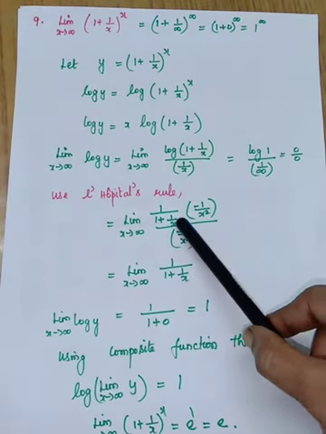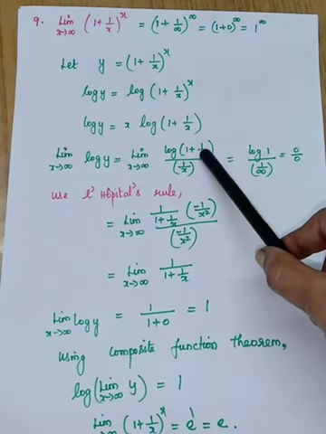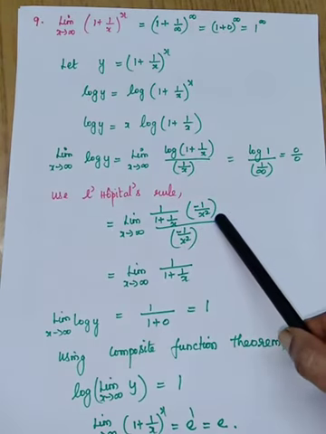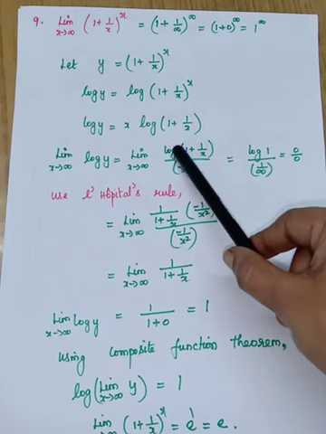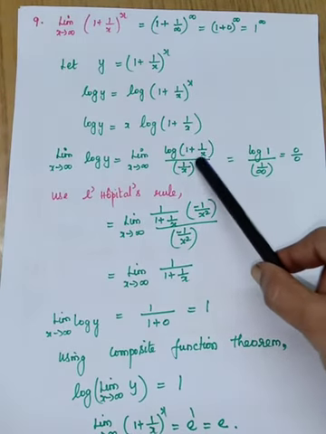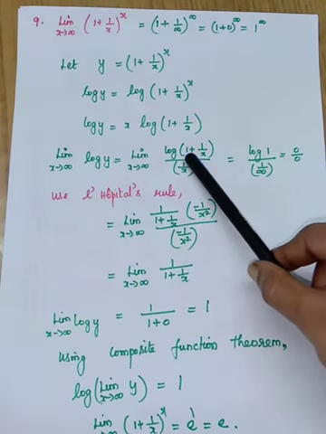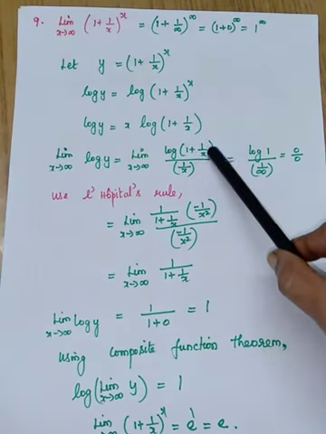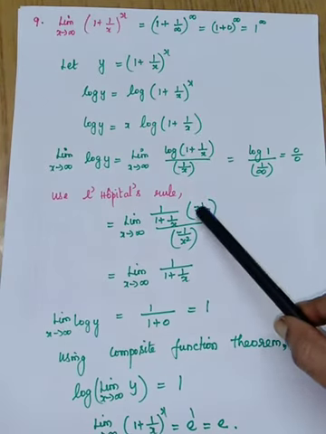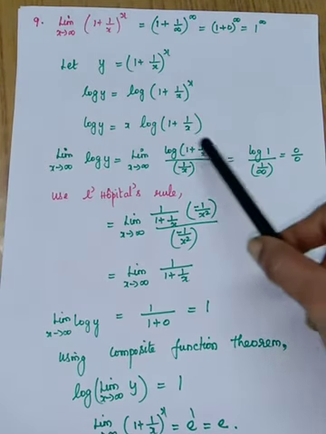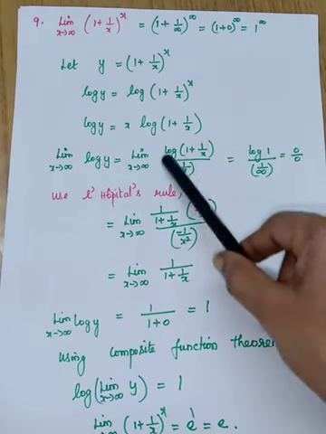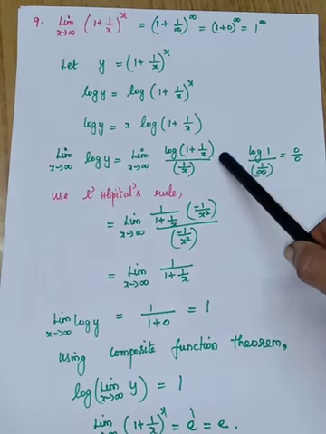According to the chain rule, what is kept as x has to be differentiated. So here you are going to differentiate 1 plus 1 by x. The differentiation of 1 is 0 and the differentiation of 1 by x is minus 1 by x squared. So we have differentiated the numerator using the chain rule.